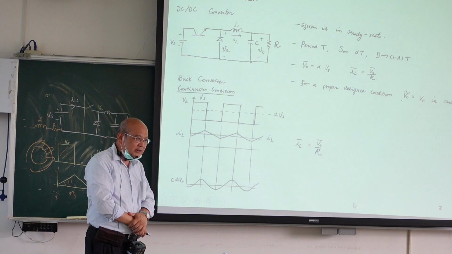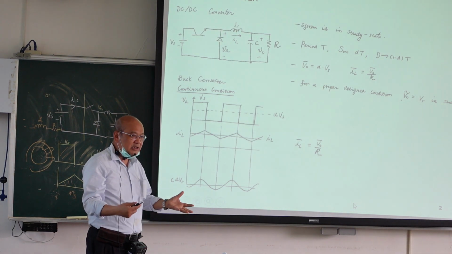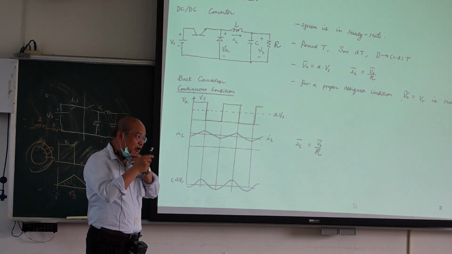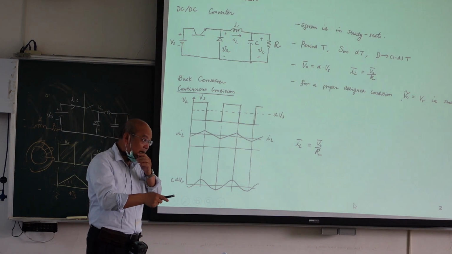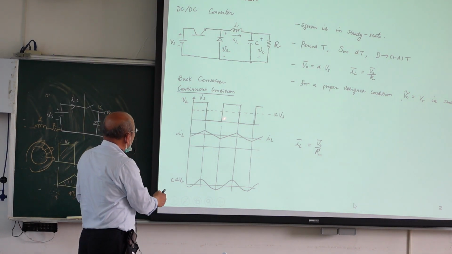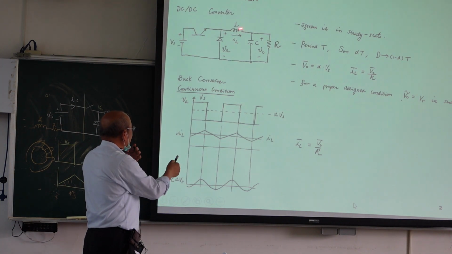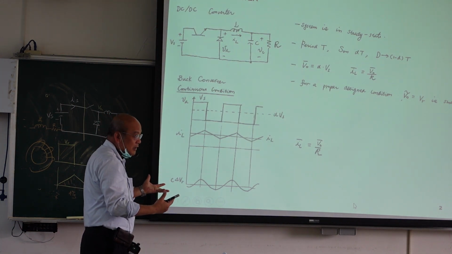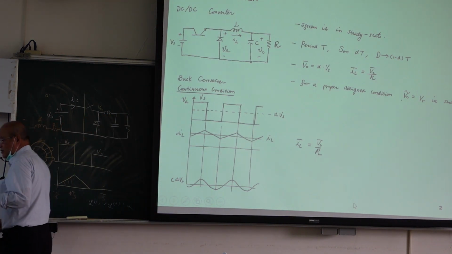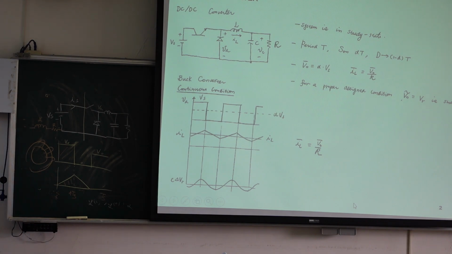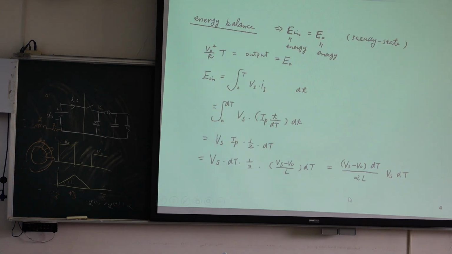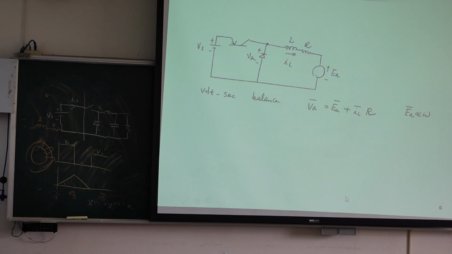But is it correct? No, it is not correct. So you have to consider resistance, right? So then, can you use this way? No, you have to use energy. Otherwise, you have no method to develop the whole theory. So we have to use energy.